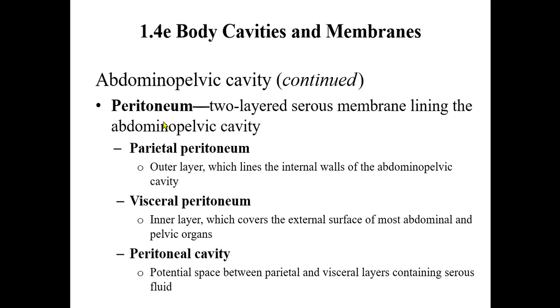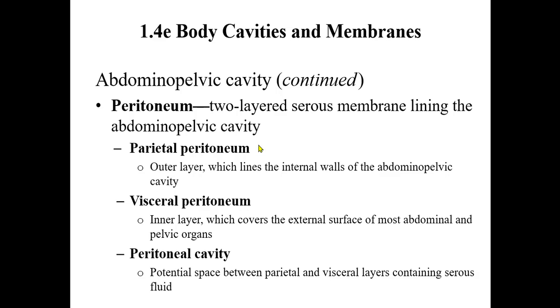Now we have this word, peritoneum. The peritoneum, again, is a serous membrane, and it is broken down into these categories. There's one that is missing from this slide, and I'll go over it as I go over these. The first one on our list here is parietal.